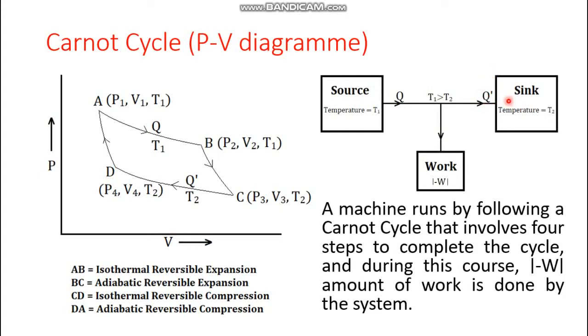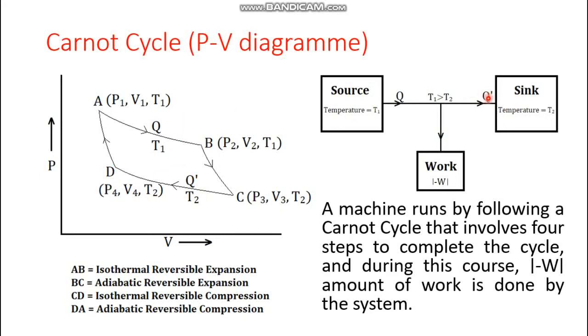So it is now connected to the sink, and the system is isothermally and reversibly compressed from C to D. In that case, its pressure, volume and temperature have all changed. Its pressure has increased from P3 to P4, and volume has decreased from V3 to V4, but the temperature remains the same, T2, as it is connected to the sink and since it is an isothermal compression.